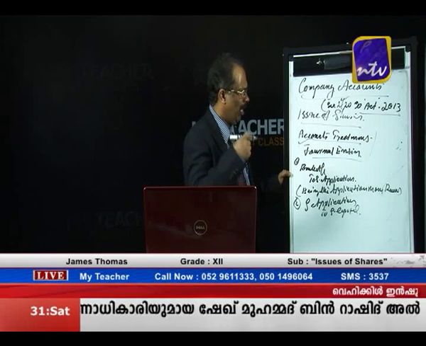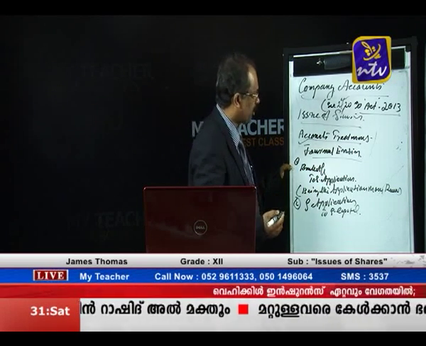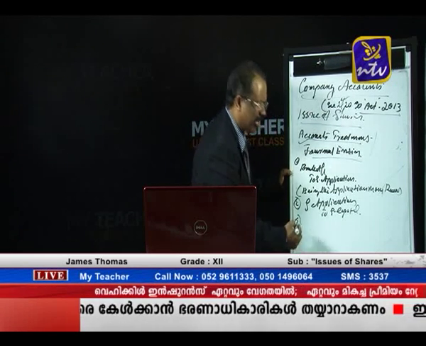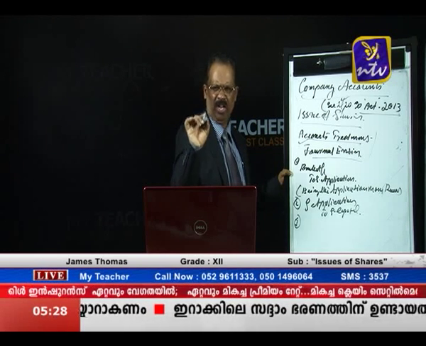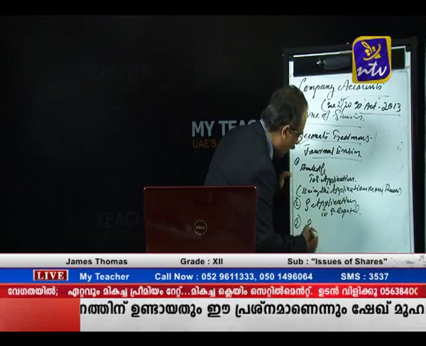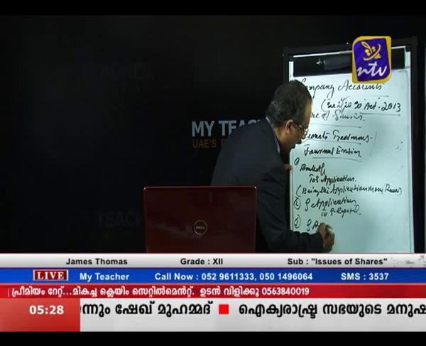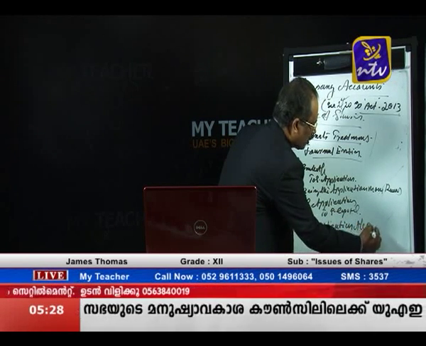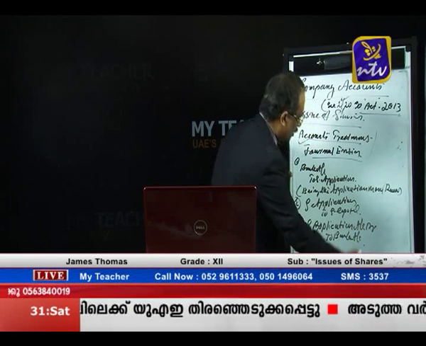So the normal entries are bank account to share application, and share application to share capital, and if there is any rejection, the journal entry is share application account debit to bank account. That is the rejection entry.